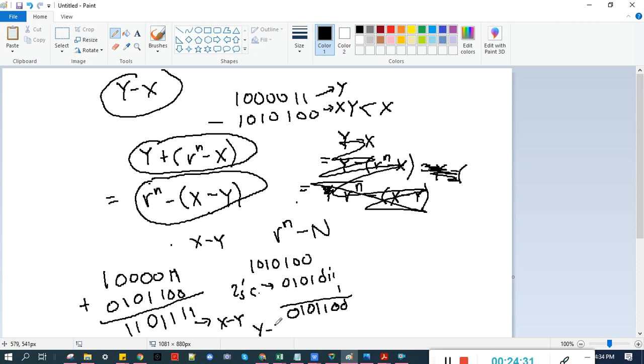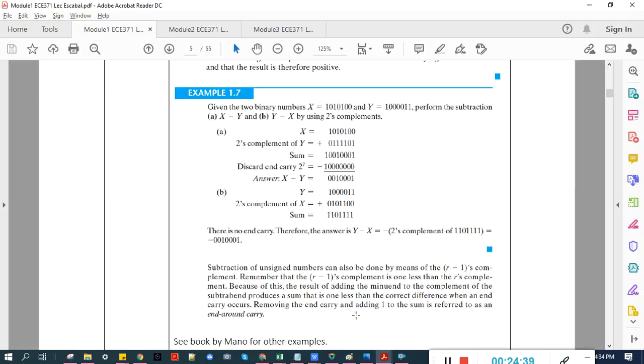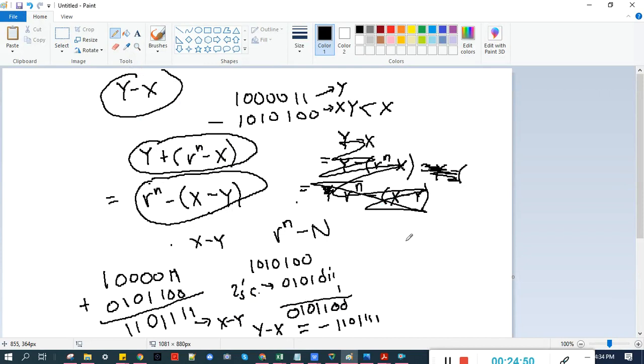To get y minus x, we add a negative sign. So negative of the 2's complement. So it's still not yet the final answer.